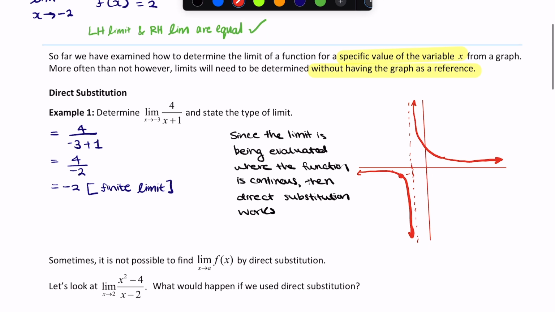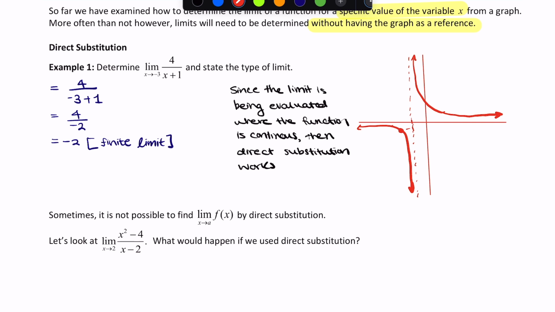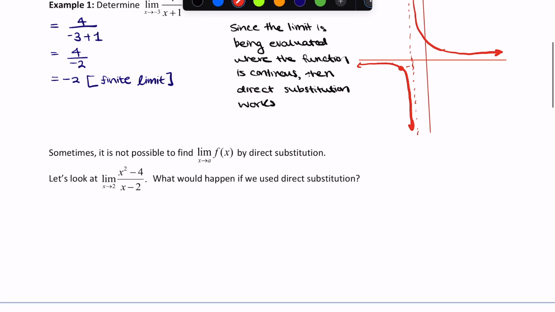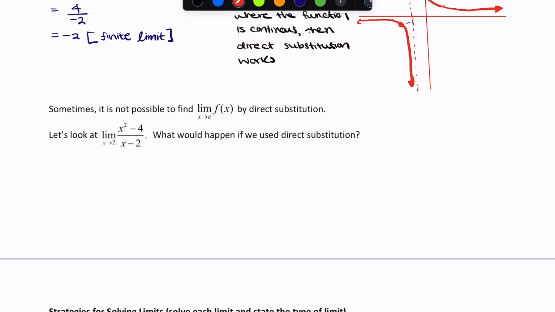However, sometimes it's not possible to find the limit as x approaches a value by direct substitution. So let's look at the limit here as we have x squared minus 4 over x minus 2 as x approaches 2. Let's look at what happens if we actually try to use direct substitution.